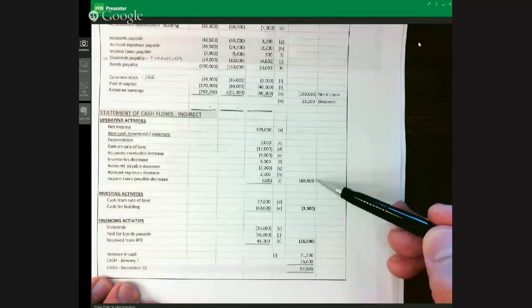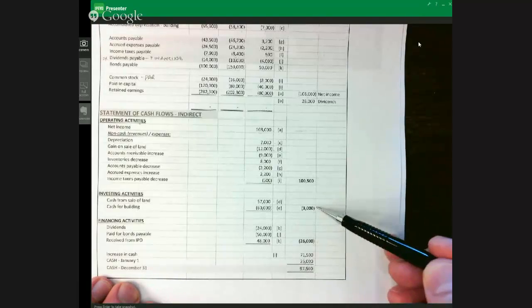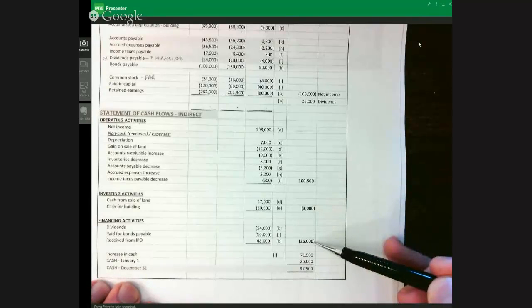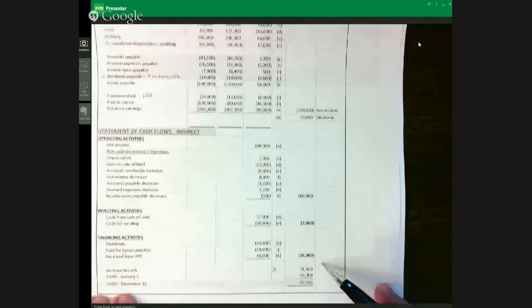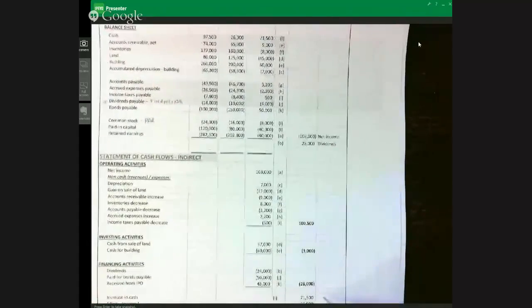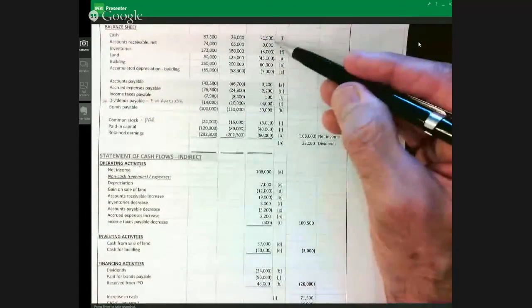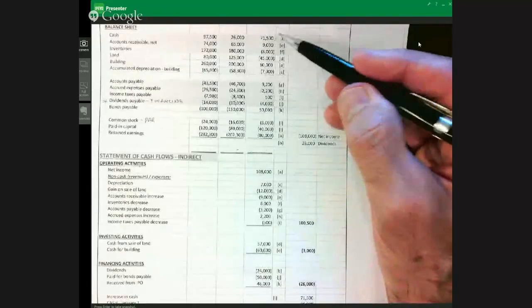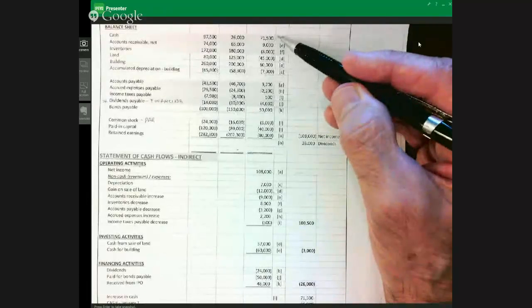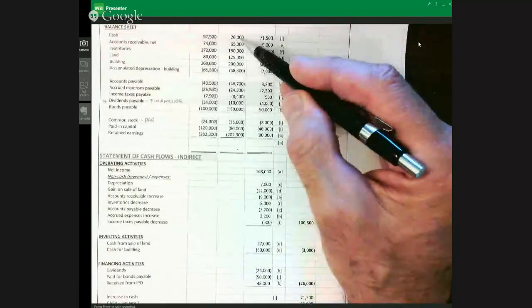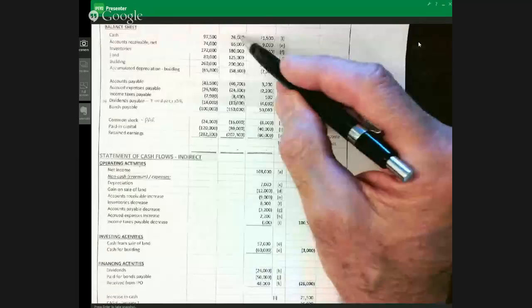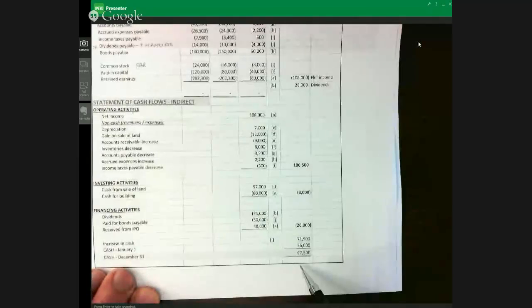Adding the cash inflow from operating activities and the cash outflows from investing and financing activities gives us an increase of cash of $71,500. That should always match the change in cash here. Add the beginning cash, and what you should get in the statement is the ending cash, $97,500.